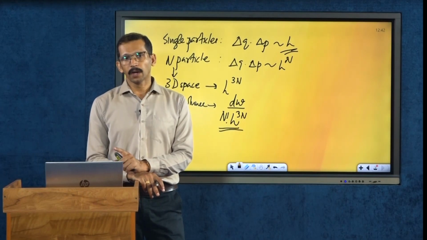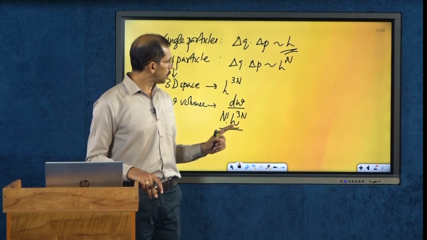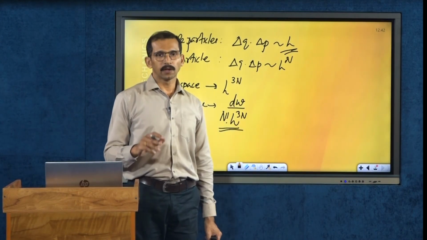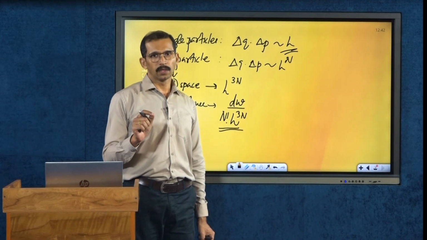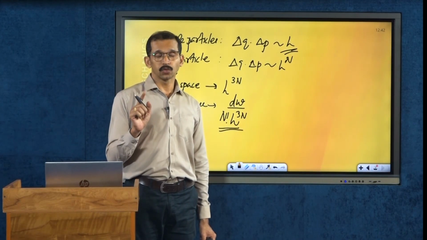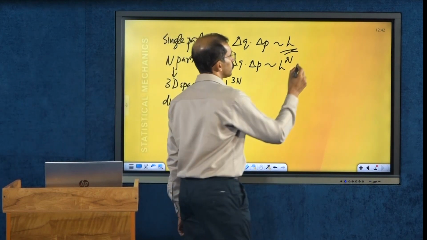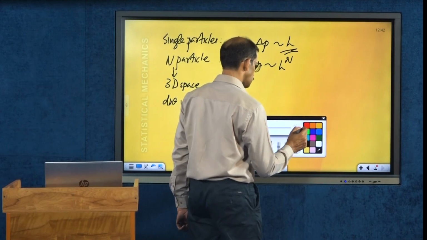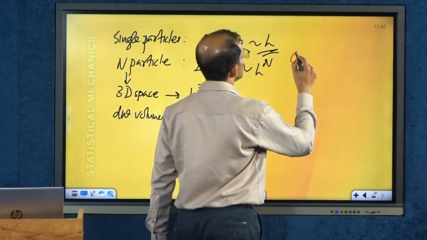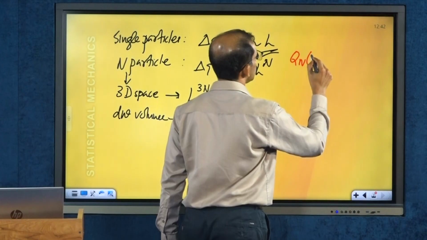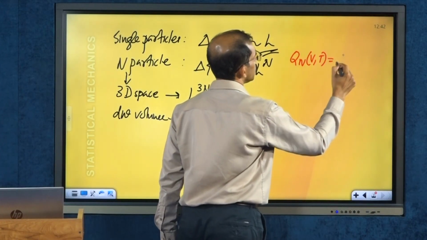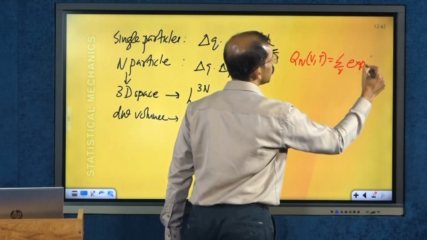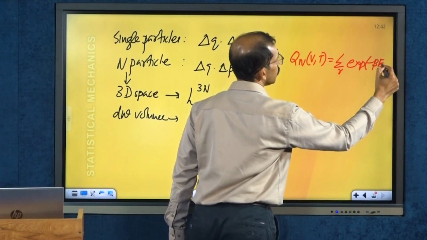So therefore, if you remember, our original expression for Q_N V T was: summation over R of exponential minus beta E_R. Let me rewrite it. Q_N V T is equal to summation over R of exponential minus beta E_R.